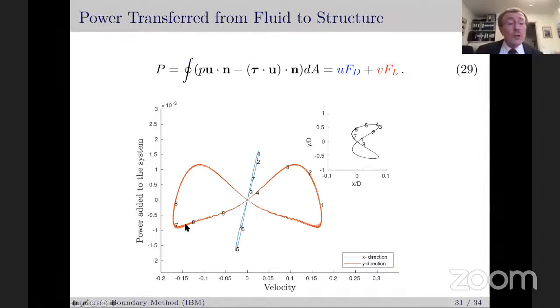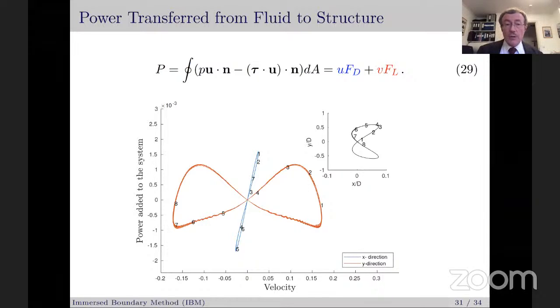And the opposite, the energy transfer from the cylinder to the fluid is here between 6 and 7, or at 7 it's most negative, and that is when it is moving down again. So that is giving us the possibility to analyze the transfer of energy per unit time between fluid and structure.